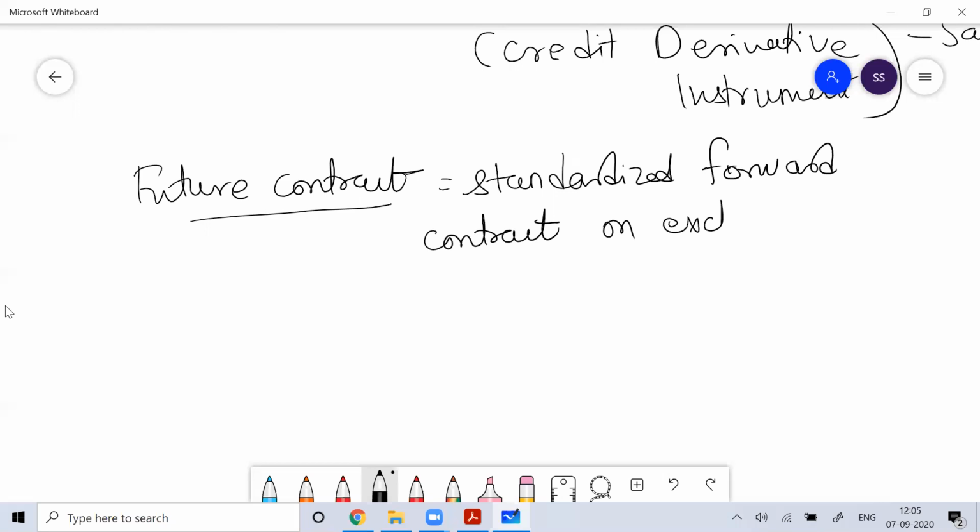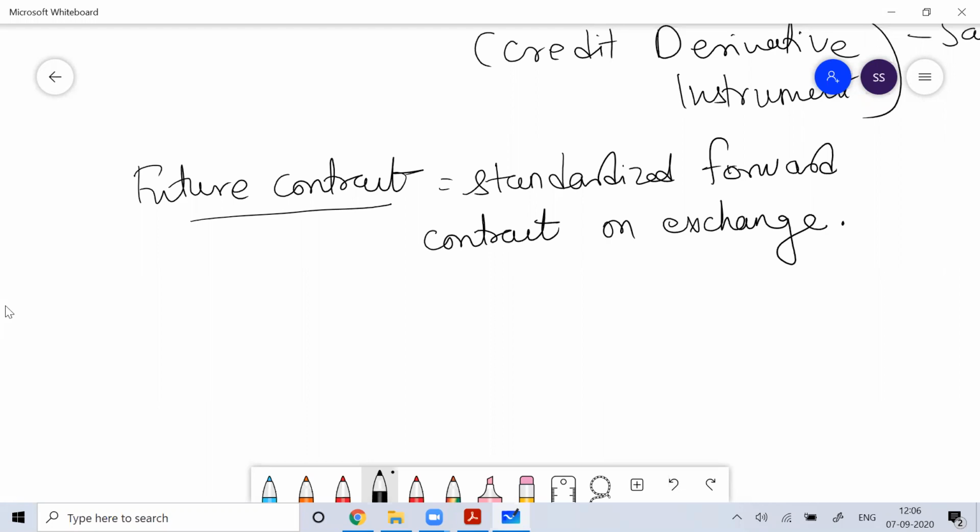So a futures contract is the forward contract logic which we are trying to put on the exchange, and here the exchange guarantees against default risk.